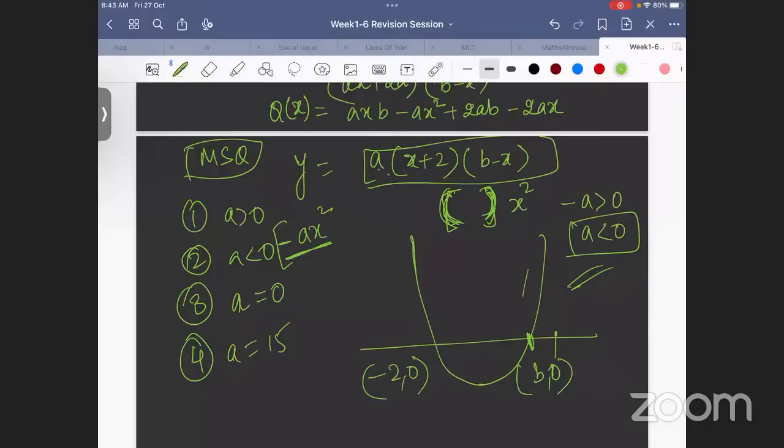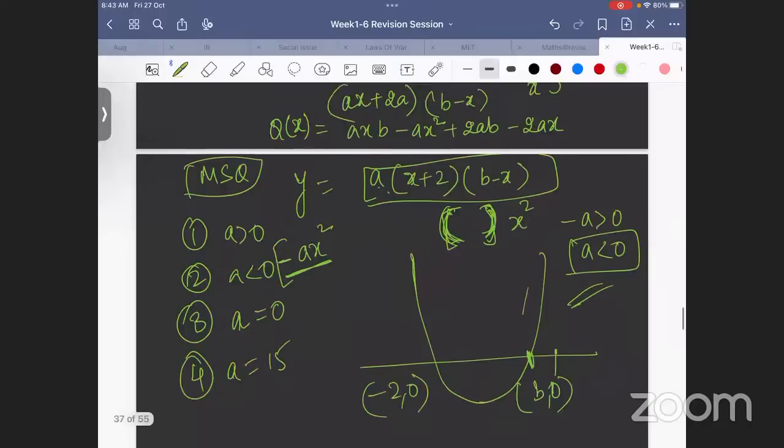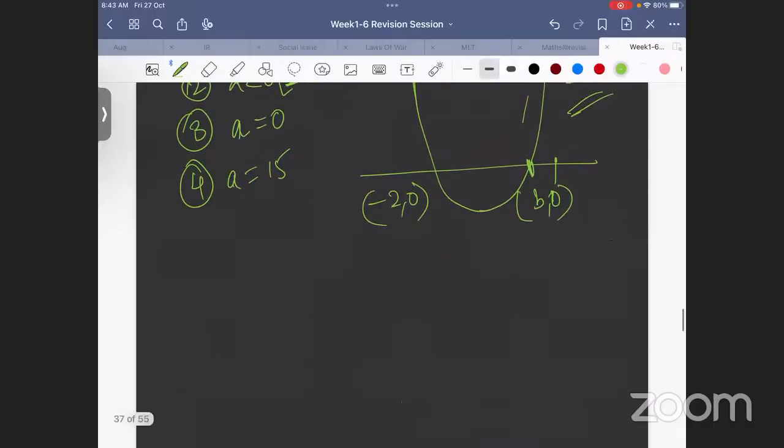Sir, but the graph, when a is less than 0, then it's opening downward. No, buddy. See, if you have ax square plus bx plus c, and here a is positive, then it will go upward. But you have been given minus of ax square plus bx plus c.